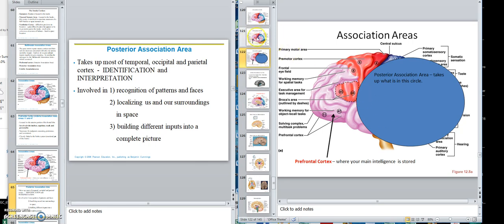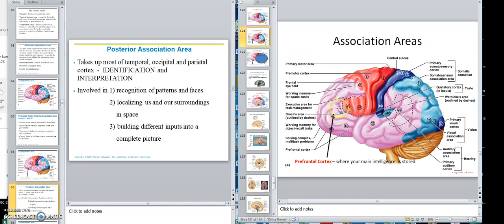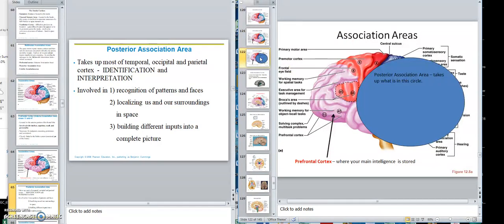That front association area is more in intellect, developing new ideas, developing new concepts, things of this nature. What makes you a human over above the other animals. This back one, the multimodal association area, is more or less to interpret what you identify.